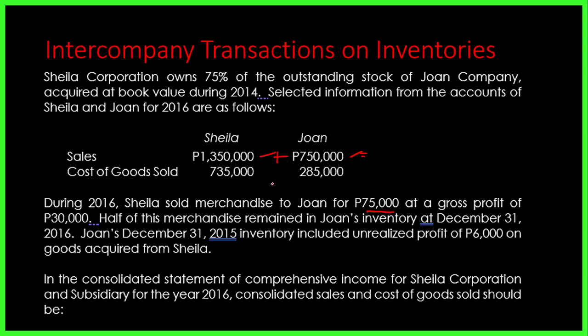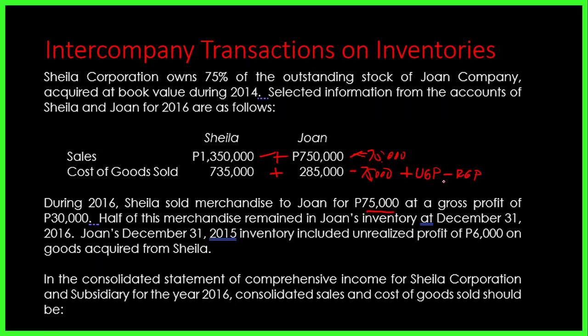Cost of goods sold, mamaya computein natin yan, pero ngayon concept lang tayo. You add the cost of goods sold of both, and then again, we remove your 75,000. Kaya rin dito, remove 75,000. And then you add your unrealized gross profit and then you deduct the realized gross profit.